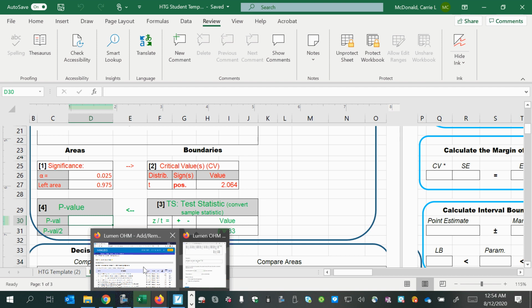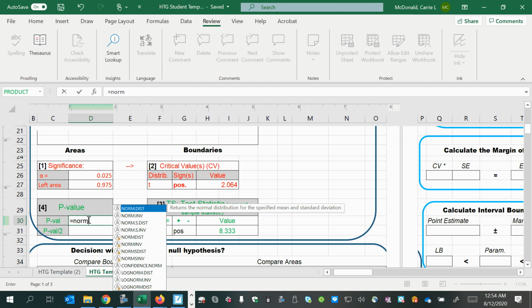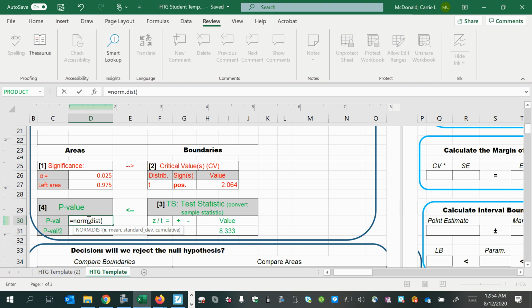Okay, so now we're about to do the p-value, which equals the area to the right of my test statistic. If I use this test statistic, it's going to give me the area to the left, and I want the area in my right tail, so I'll subtract that from 1.